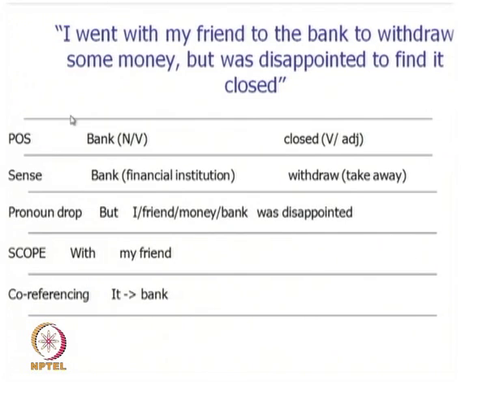The first level of processing that happens is the part of speech tagging. The word syntactic categories, grammatical categories are first of all deciphered. From our discussion of part of speech tagging, we know that I is a pronoun, went is a verb, with is a preposition, my is a possessive pronoun, friend is a noun, to is a preposition, the is an article. The first difficulty we meet with is in the word bank.